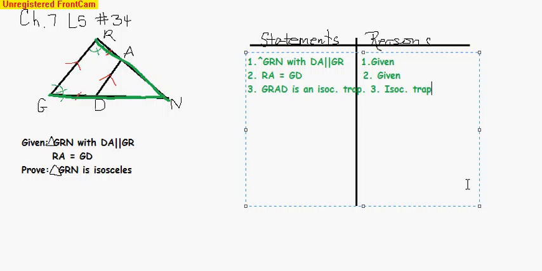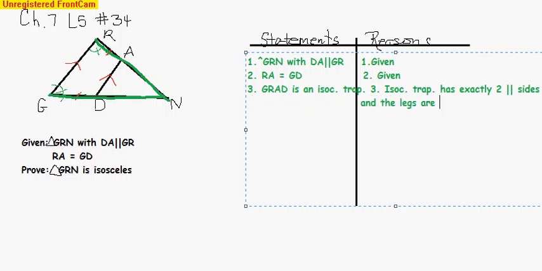You could have said that it's a trapezoid, and then you could have said it's an isosceles trapezoid. So we're just going to say an isosceles trapezoid has exactly two parallel sides, and the legs are equal.